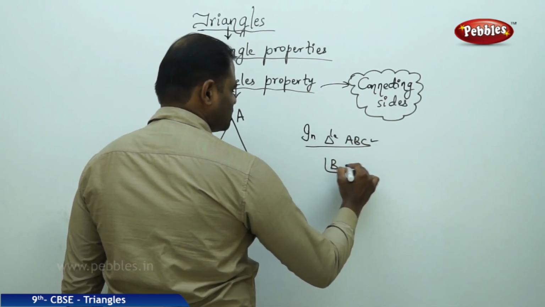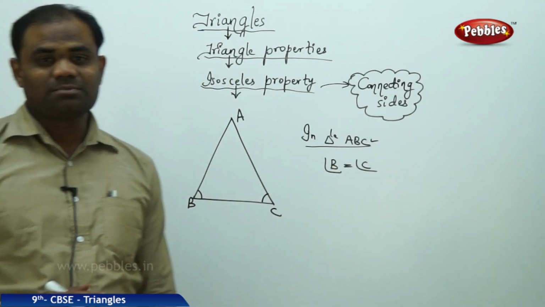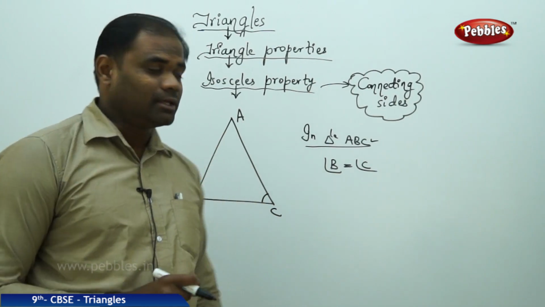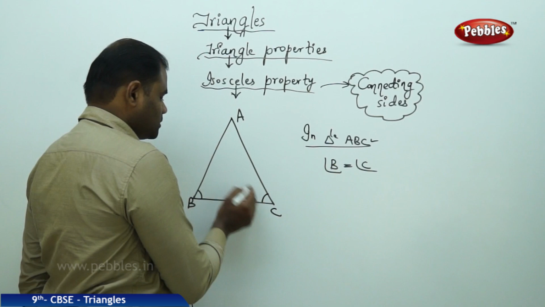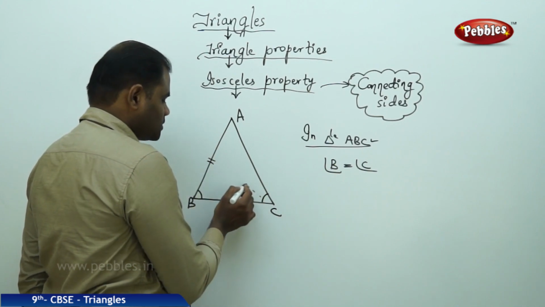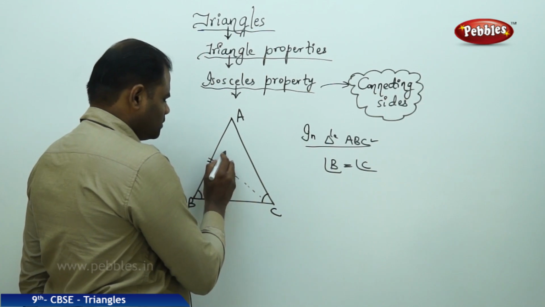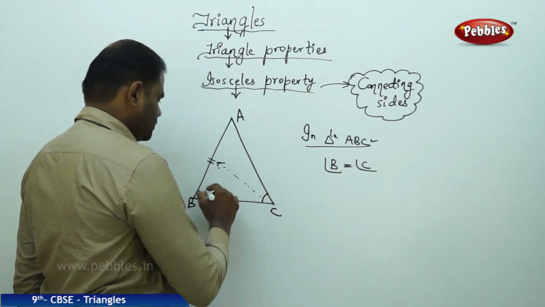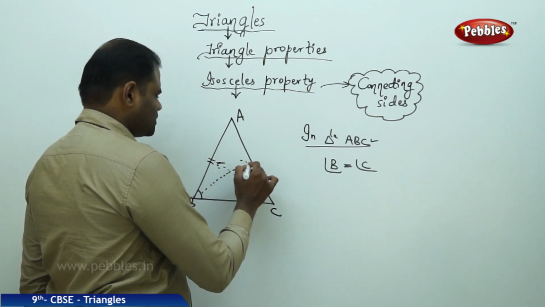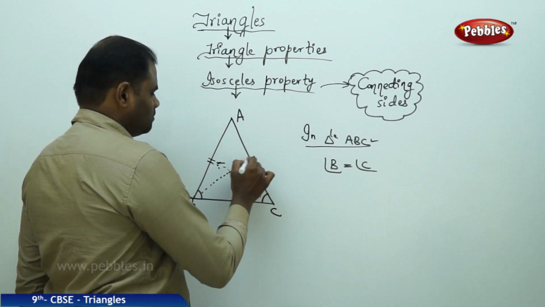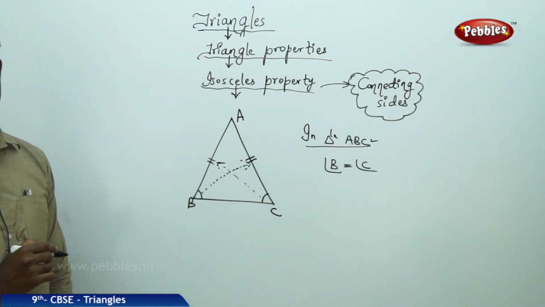Now, as we know that in triangle ABC, angle B equals angle C. Then the isosceles property says that if the angles are equal, the sides opposite to those angles, this side opposite to this angle and this side opposite to this angle, must be equal. AB must be equal to AC.